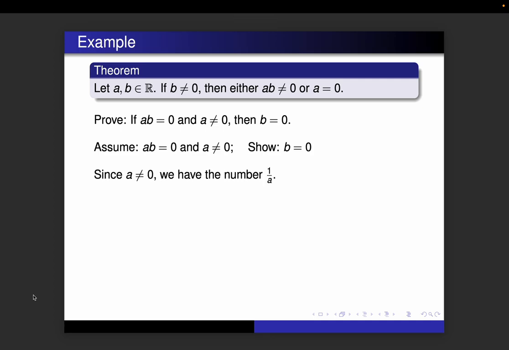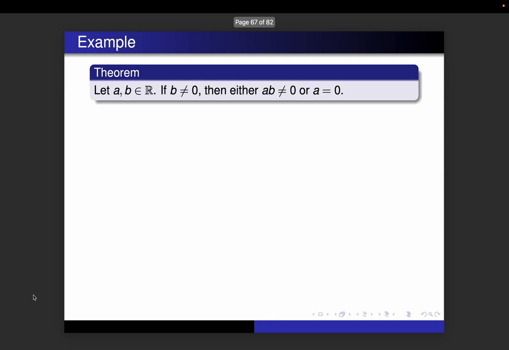The nice thing about A being non-zero is that taking its reciprocal makes sense. So if A is not equal to 0, 1 over A is an actual real number. So if we take the equation AB equals 0, which by the way we are assuming, and multiply both sides by 1 over A, the A's are going to cancel and we end up with B equals 0, which is exactly what we wanted to prove.